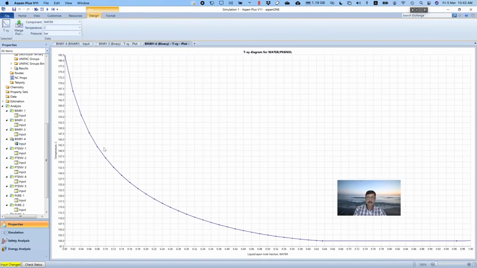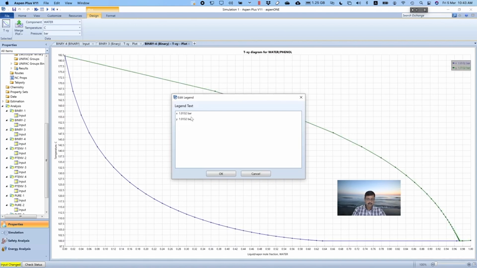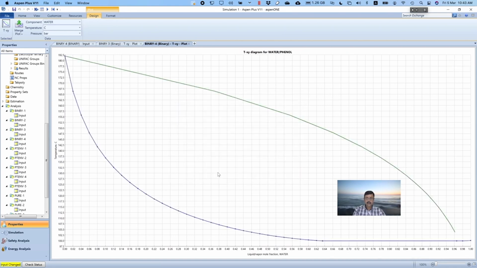Let us open, rename it UNIFAC. And then merge the plot with binary plot 3.